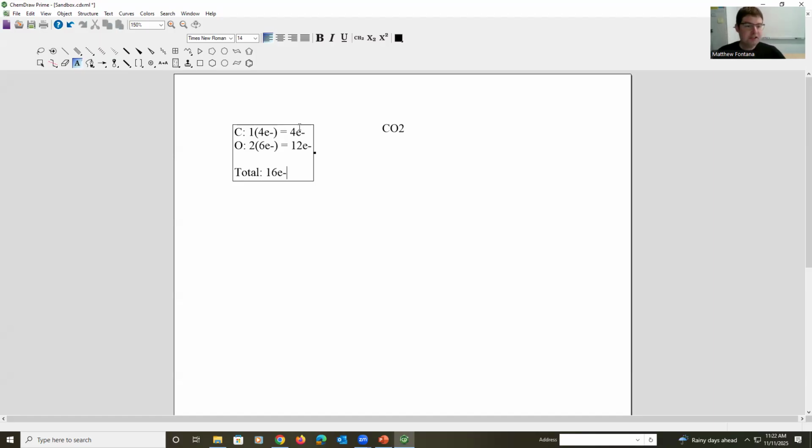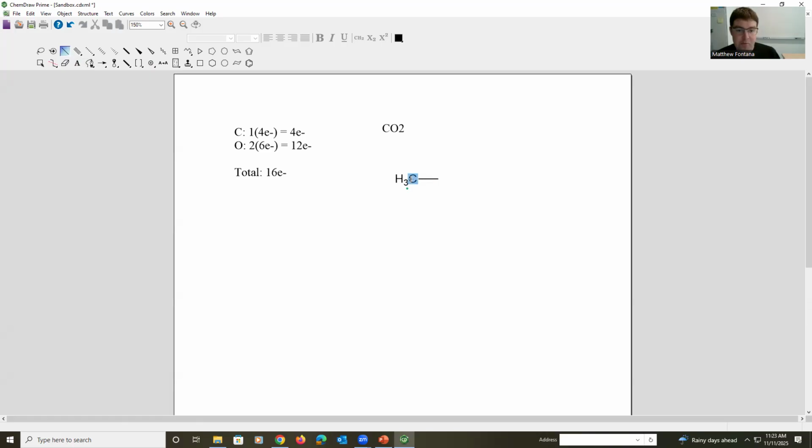Okay? So every Lewis structure question is going to start with the same thing, which is figuring out how many valence electrons you can use. Then you're going to do the next step, which is determine the central atom. We have one carbon atom, and carbon likes to have multiple bonds, so we'll put a carbon in the center. Then you want to form single bonds to the other atoms.